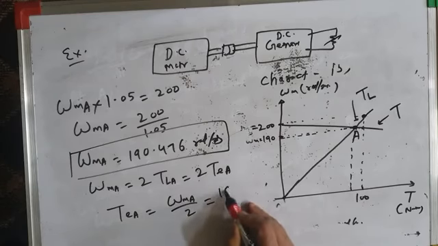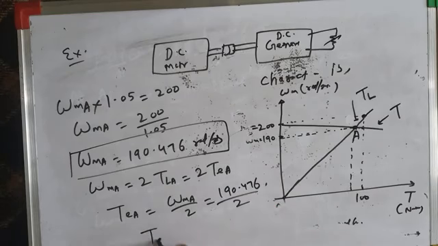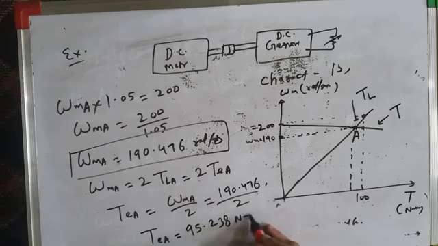Omega m A is 190.476 by 2. So the electromagnetic torque developed by the motor is half of this. It comes out to be 95.238 Newton meters.